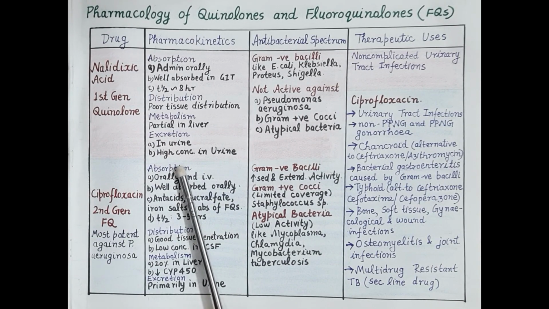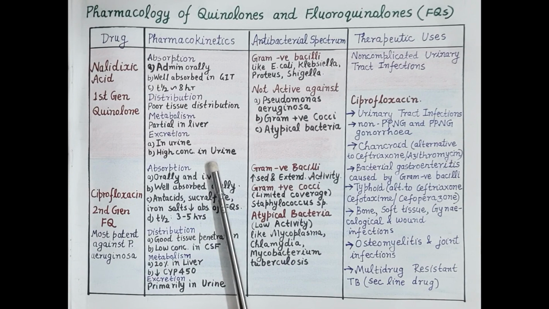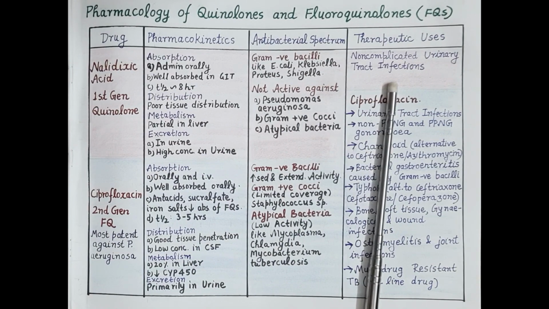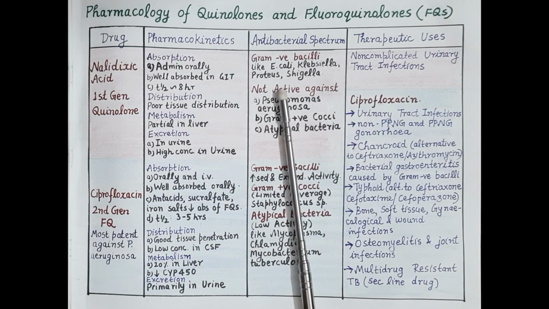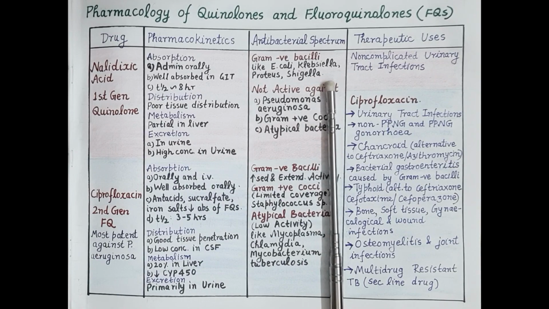Now, nalidixic acid concentrates in high concentration in the urine and thus it is used in the treatment of non-complicated urinary tract infections. As already discussed, all quinolones and fluoroquinolones including nalidixic acid are effective against gram-negative bacilli.